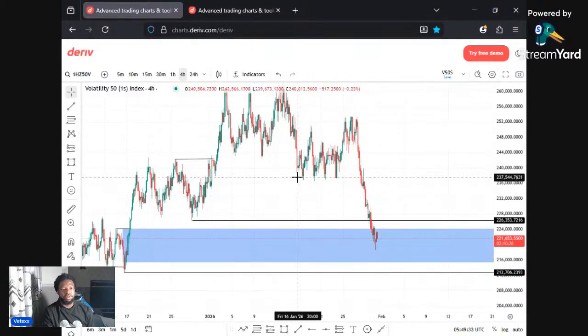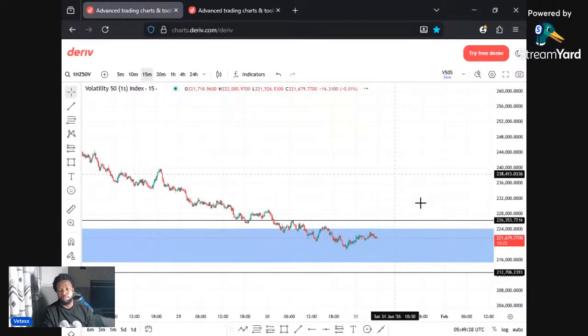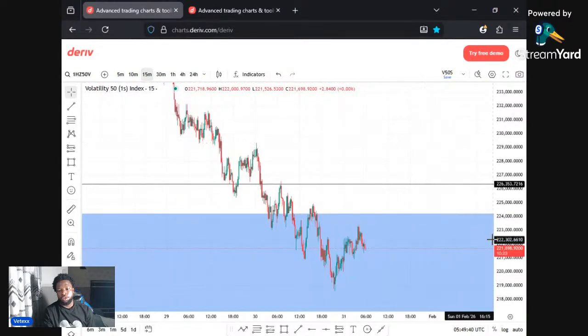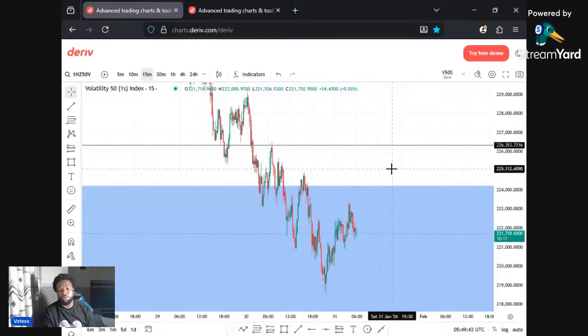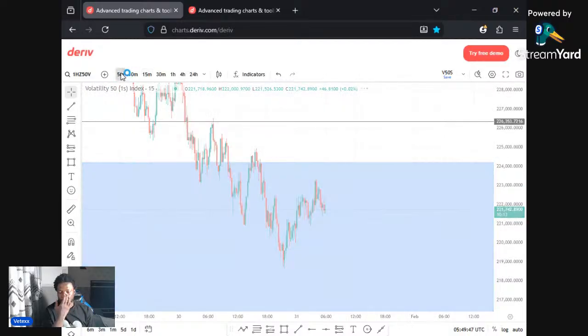Okay, so now let's check the 15 minutes time frame to see if we have a continuation. Currently there's nothing happening on the 15 minutes time frame on V50. We don't have a POI on the 15 minutes time frame yet that we can actually hold on to.